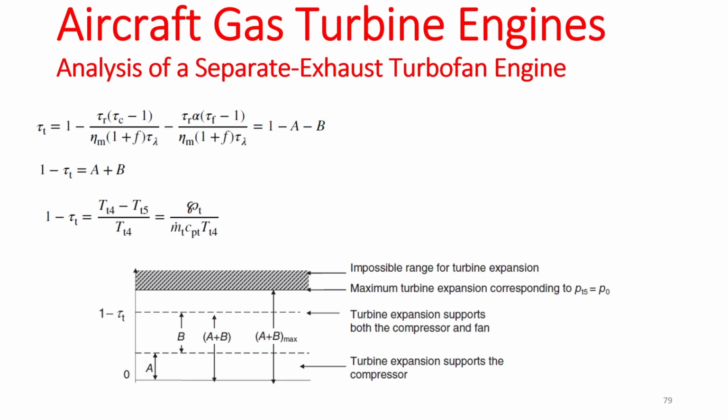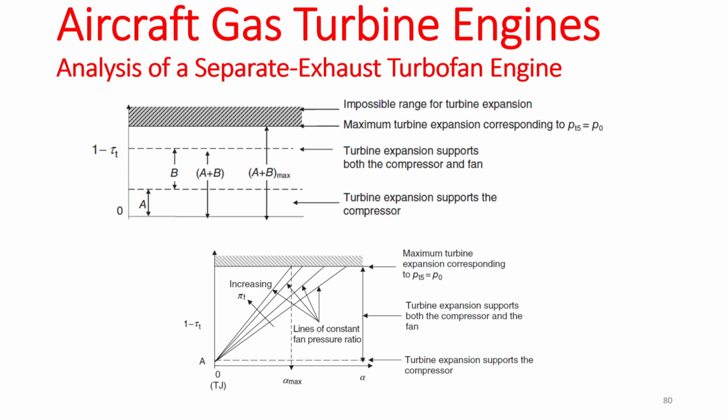And something that you have to keep in mind is that this graph has 1 minus tau of t on one of the axes, right? So we can compare that to the maximum bypass ratio of your system. Actually, we can have another graph, 1 minus tau of t and alpha max, the alpha in general, the bypass ratio.